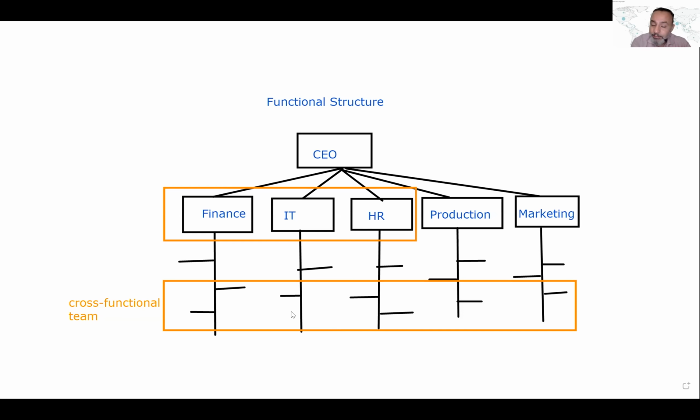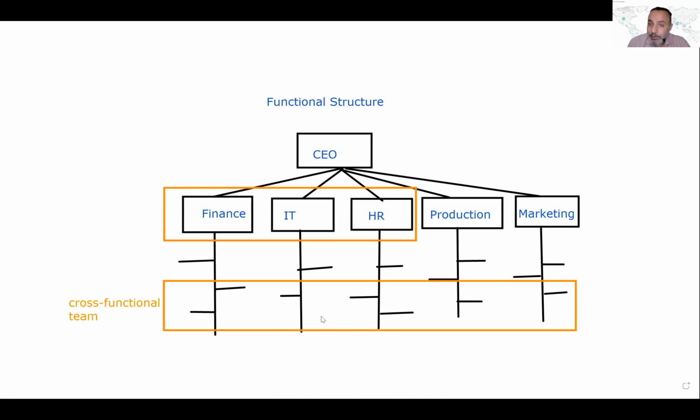They will allocate as little time as possible to the project tasks, because their loyalty is to the department, to the function that they are working in, not to the project. Is that correct? Do you agree? Is that clear? So for this reason, this structure is considered actually a bad structure for managing projects.